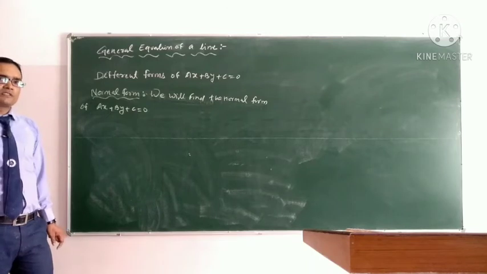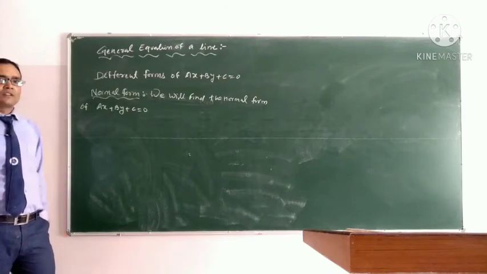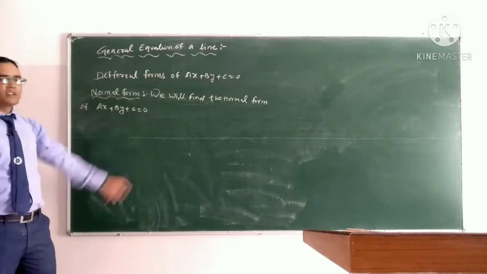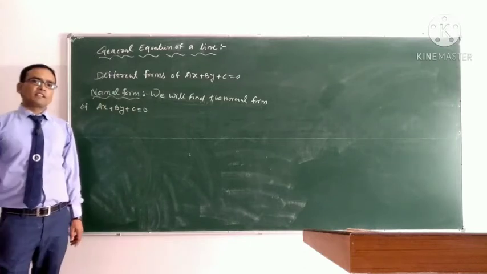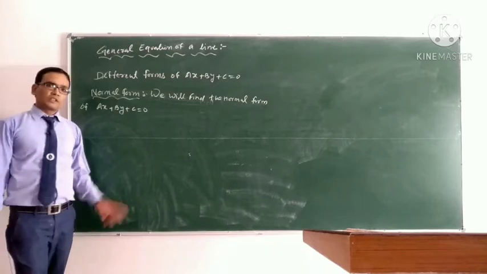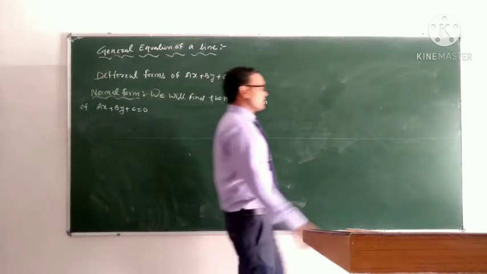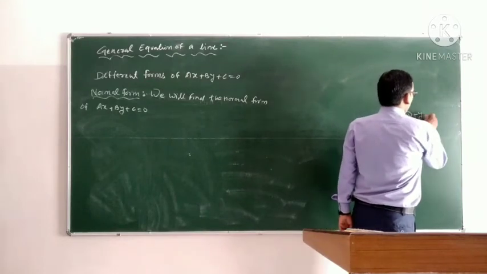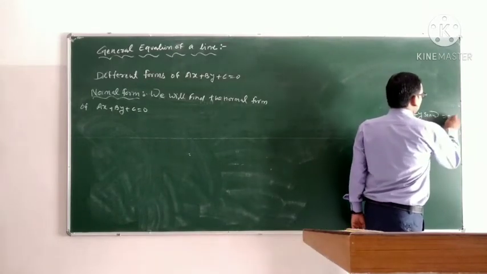Okay students, in this section we will find the normal form of ax plus by plus c equal to 0. That means we convert this equation into the form x cos omega plus y sin omega is equal to p.